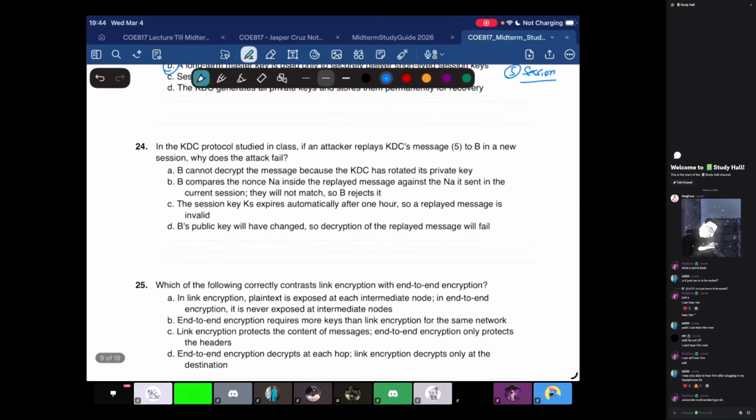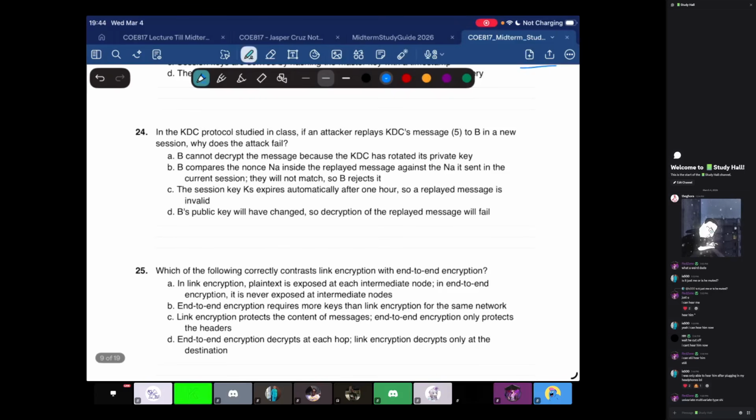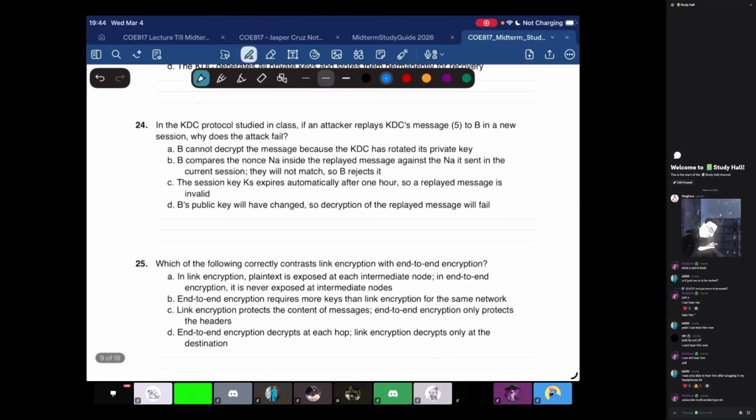In the KDC protocol studied in class, if an attacker replays KDC's message number 5 to B in a new session, why does the attack fail? Once again, we don't have any context about the question that it's referring to, but we can say that replay attacks is what this question was referring to.